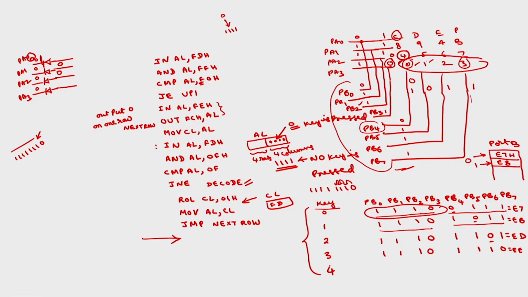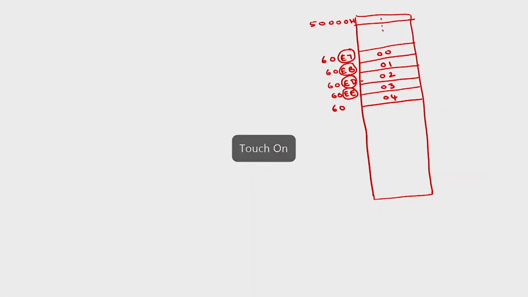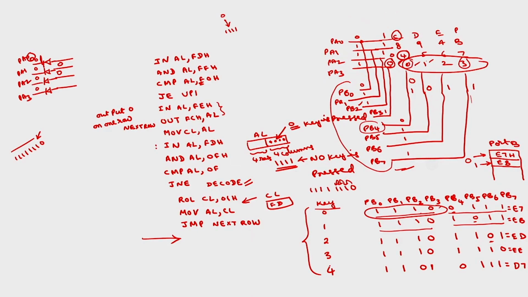This bit is connected to PB2. Correspondingly, 4 is in this row, which means PB4 should be 0, remaining all will be 1s. This will now be D7. So I have to store 4 at the location D7.